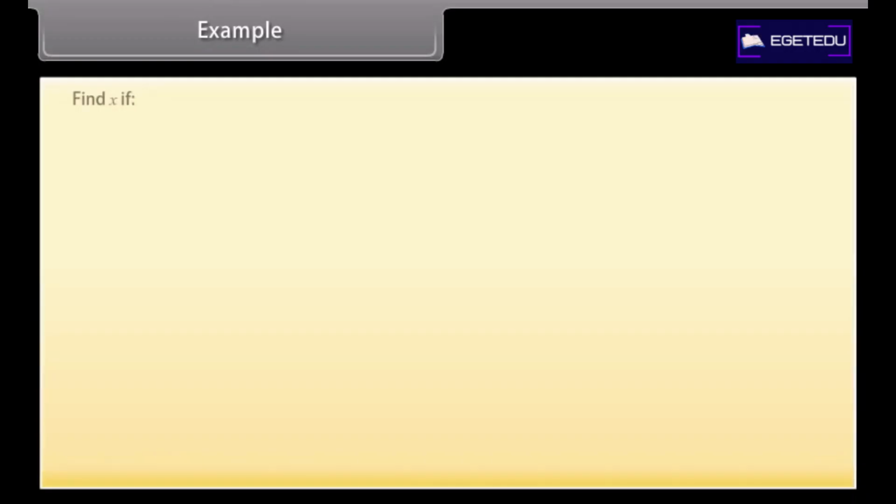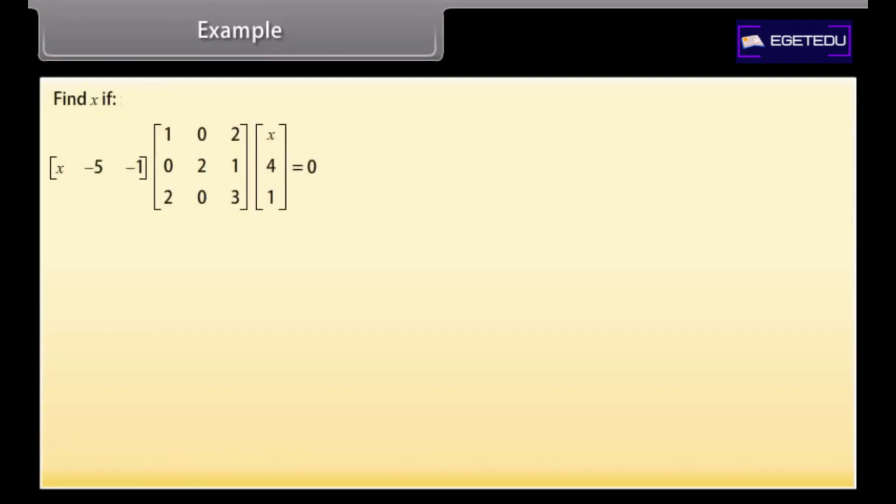Example. Find x if the matrix [x, -5, -1] multiplied by the matrix [[1, 0, 2], [0, 2, 1], [2, 0, 3]] multiplied by the matrix [x, 4, 1] is equal to 0.